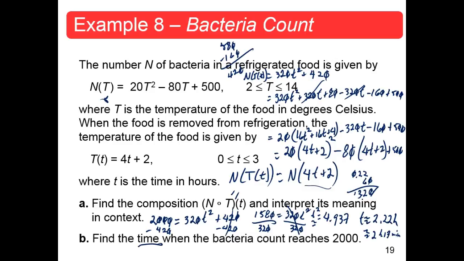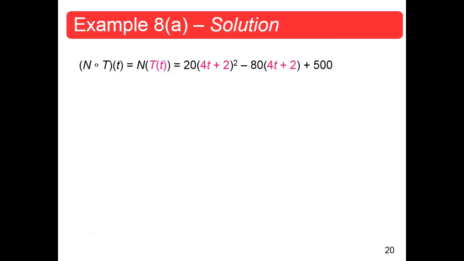Okay? Well, we're going to see what they did. Let me just look and see. Yeah, they said 2.2. Okay. All right. Okay with this? Let's see how they did it. Well, they started off N of T, just like y'all did. The composition of N with T of T, number of bacteria with temperature as a function of time, the definition is N of T of T, just like you said.